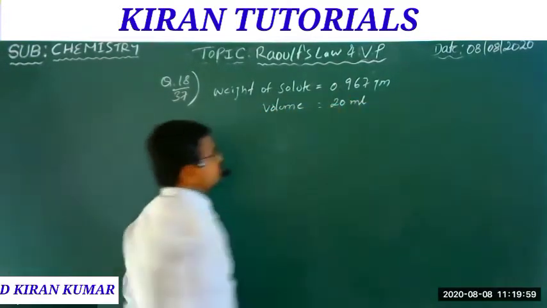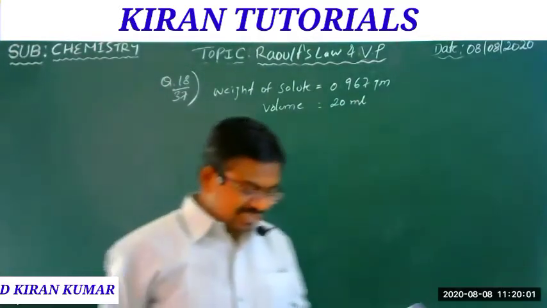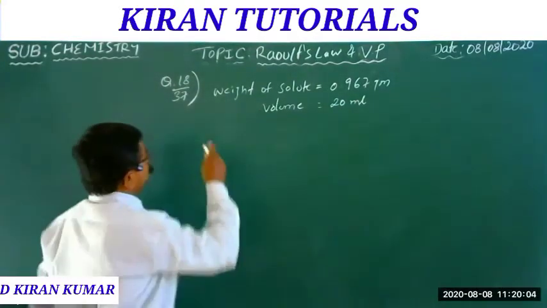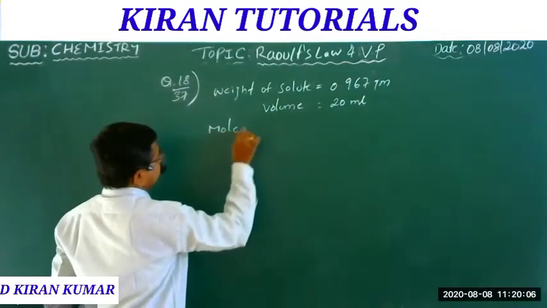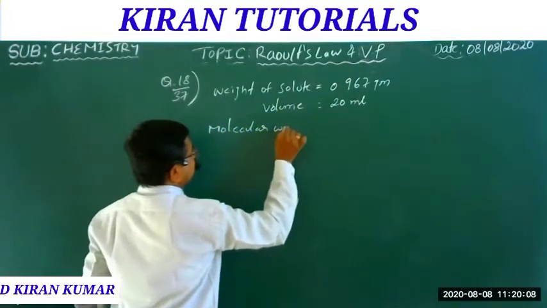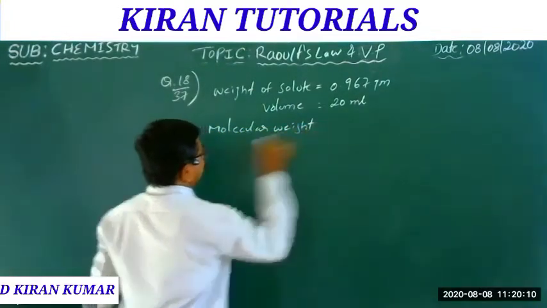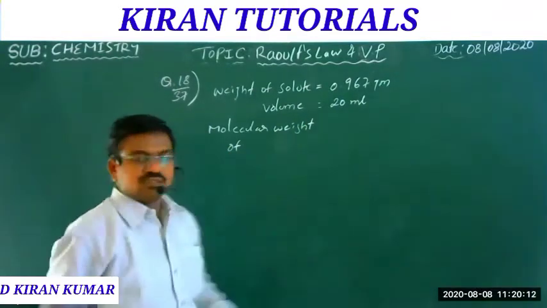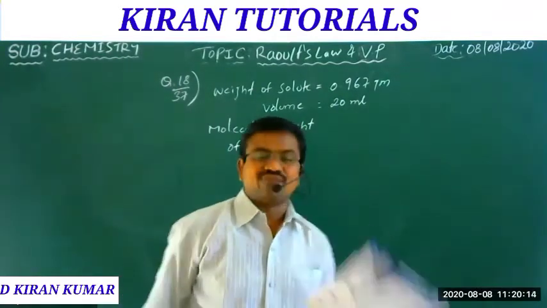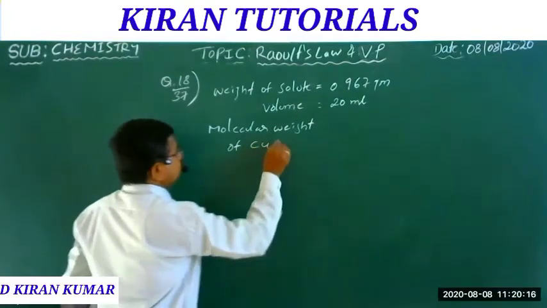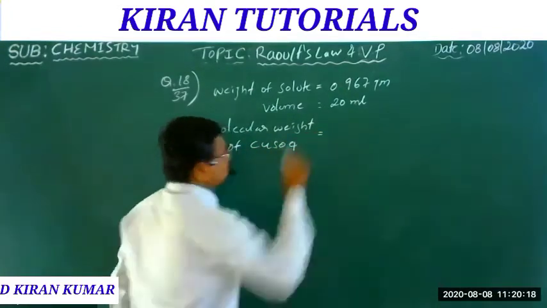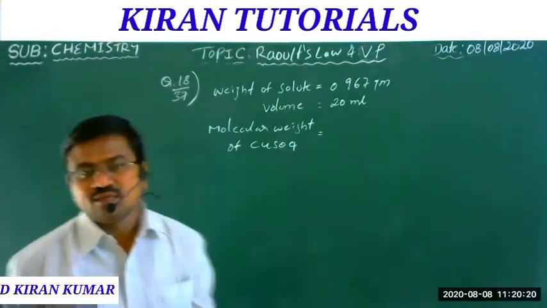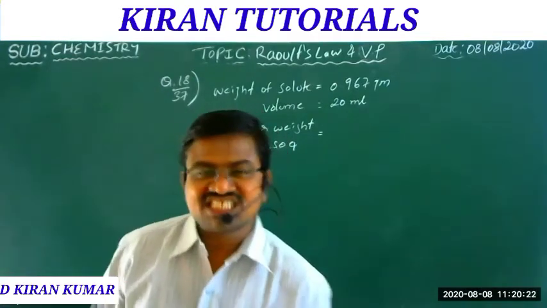And then the molecular weight of the solute. What is the solute here? Copper sulfate, CuSO4. What is the atomic weight of copper? 63.5.